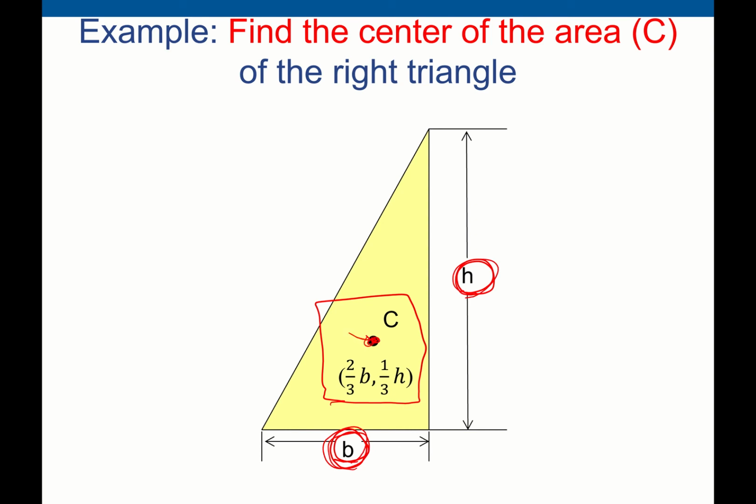The center of area of this triangle is 2 over 3 b, where b is here, so 2 over 3 b is somewhere here, and 1 over 3 h. We already know the location of the center of the area.